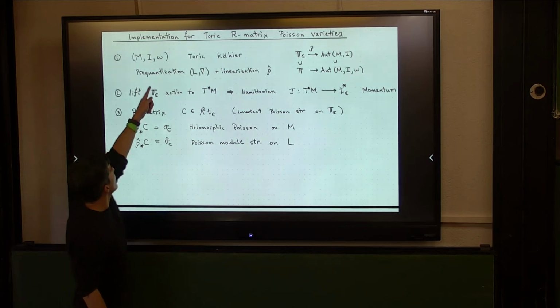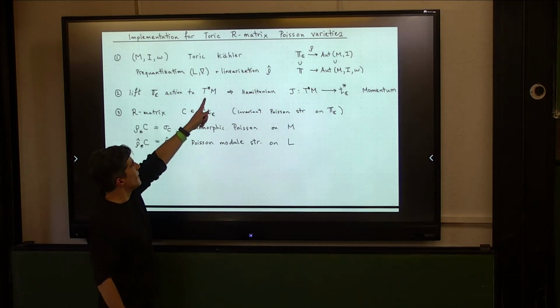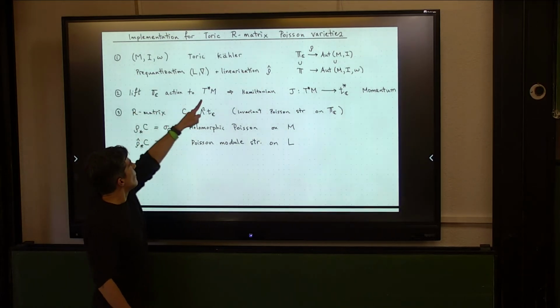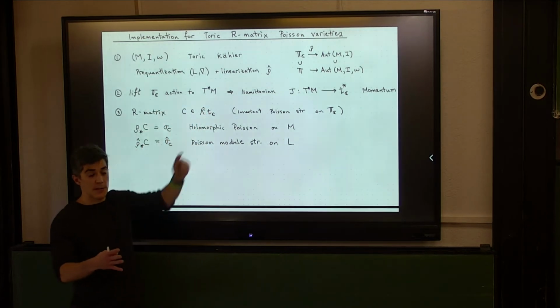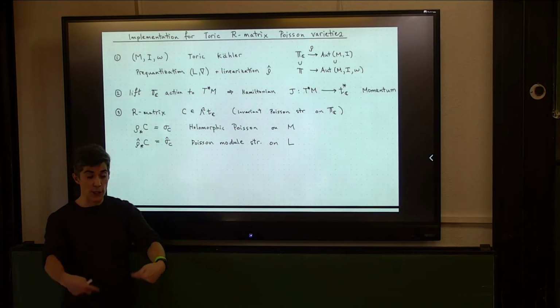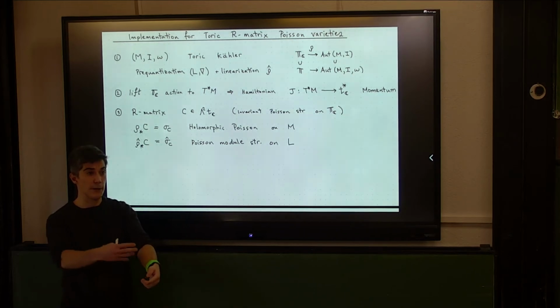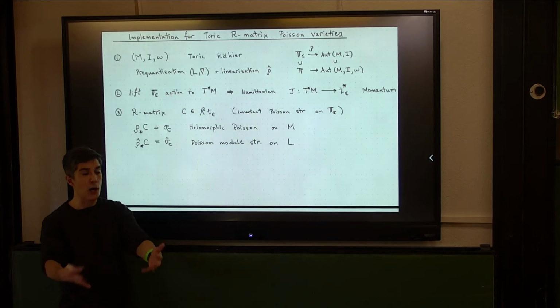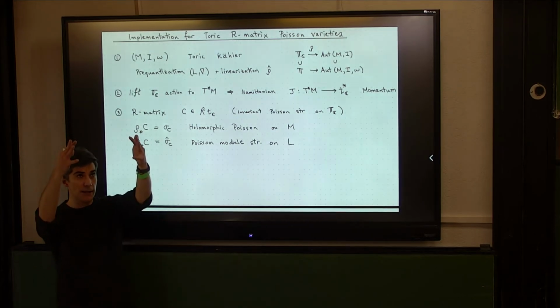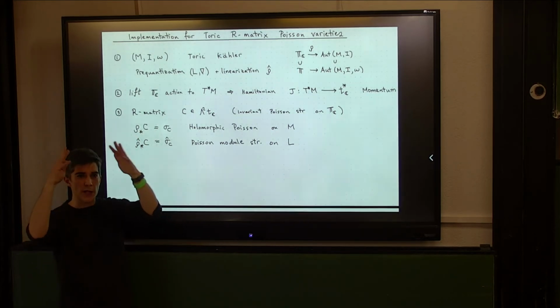Okay. And then we take the cotangent bundle of the toric variety, and we obtain a torus action there. The cool thing is that when you have the complex torus action on a toric variety, there's no moment map for that. There's only a moment map for the real part, for the real torus action. But if you look at the complex torus action on the cotangent bundle, then everything becomes Hamiltonian on the cotangent bundle.